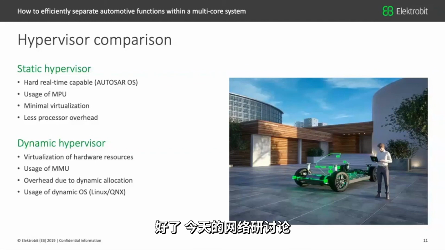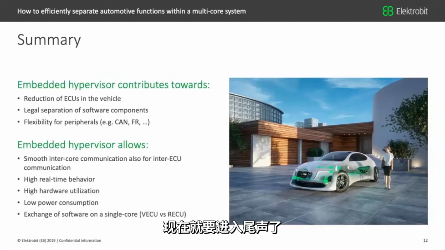Okay, and that brings us already to the end of today's webinar. A quick summary. The embedded hypervisor contributes towards the reduction of ECUs within the vehicle through its concept of functional consolidation within one box. So I have only one box and can represent multiple functional features within the car.